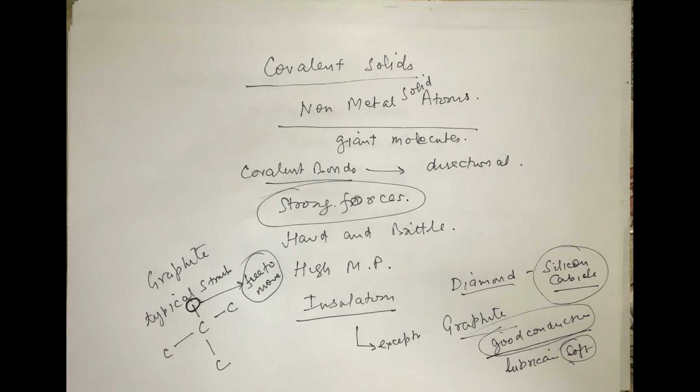And it has a layered structure, and each layer can slide over another, which makes it useful as a lubricant in machineries, etc. So these are the 4 types of crystalline solids we have studied in this lecture.